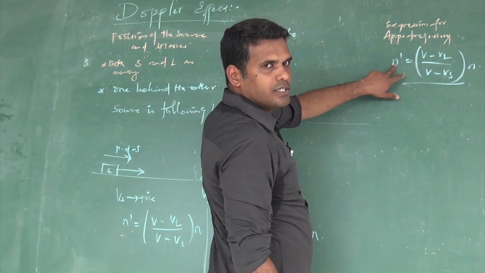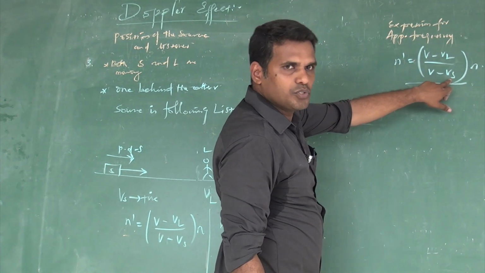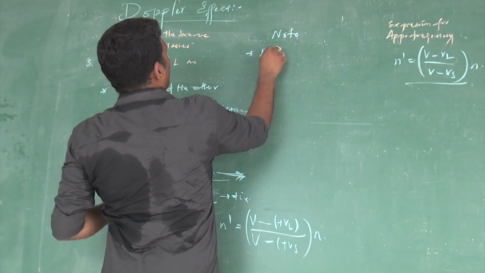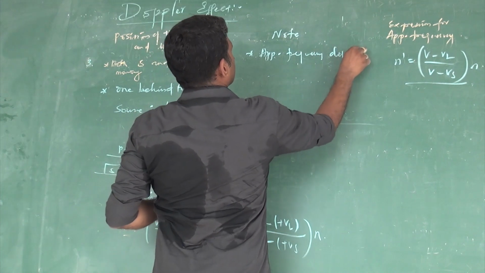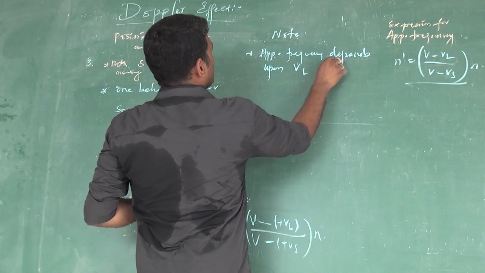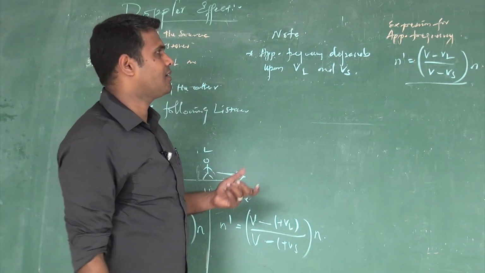The apparent frequency depends upon the velocity of the listener and the velocity of the source. So we can say in this note, apparent frequency depends upon the velocity of the listener and the velocity of the source.